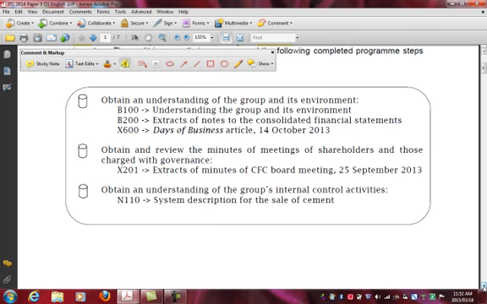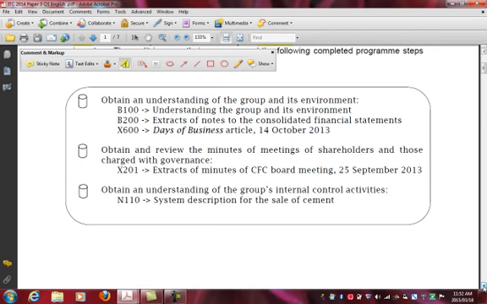Obtain an understanding of the group and its environment. We've got 3 work papers there. The first one, B100, understanding the group and its environment. B200, extracts of notes to the consolidated financial statements. X600, a Days of Business article, 14th of October 2013.